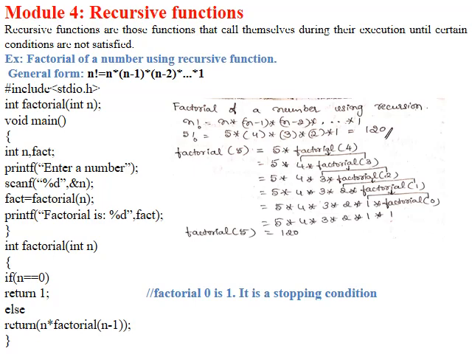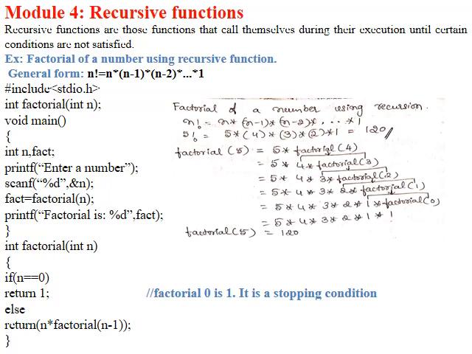If I want to find 5 factorial, the call is factorial of 5. That is how I am calling the function. So 5 into factorial of 4, then 5 into 4 into factorial of 3. So 5 into 4 into 3 into factorial of 2. Similarly, factorial of 0 is executed, that is 1. That is the condition when the recursive call to the function factorial stops.